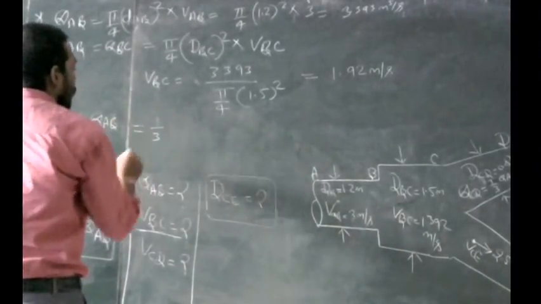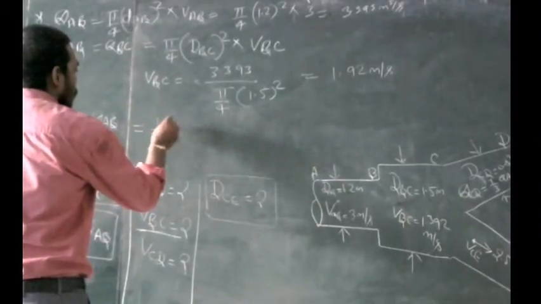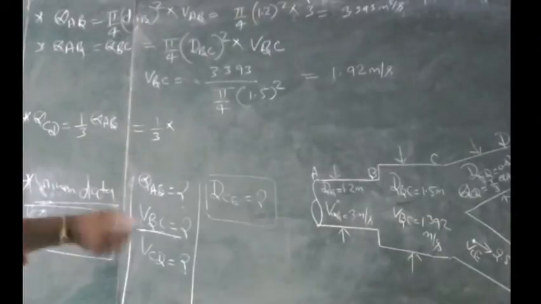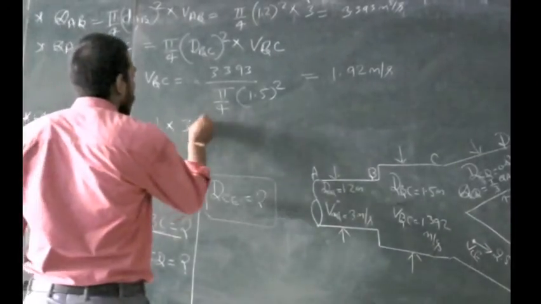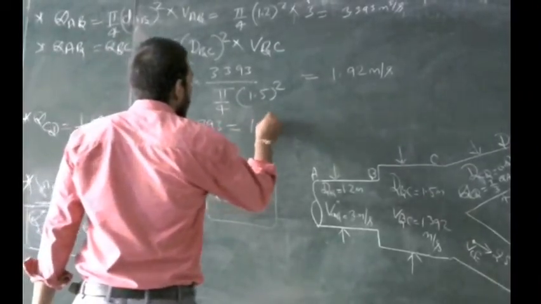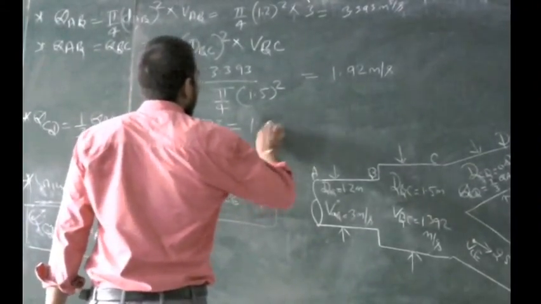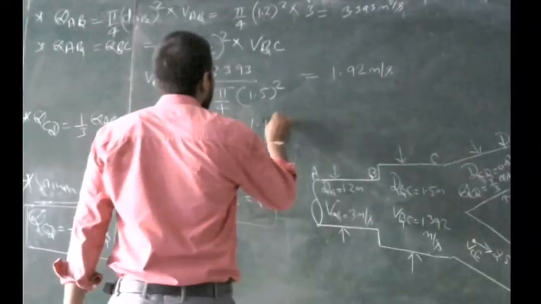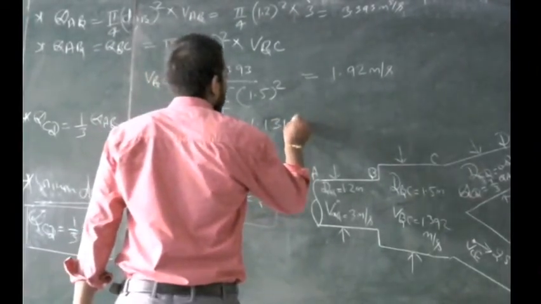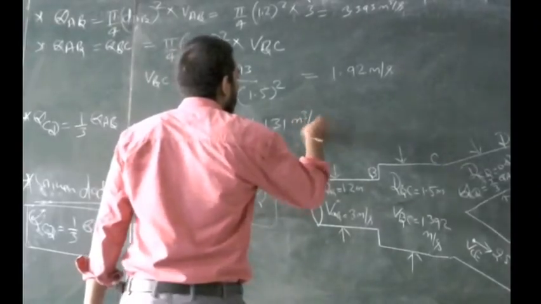QAB is 3.393, so 1/3 of this is 1.131 meter cube per second.